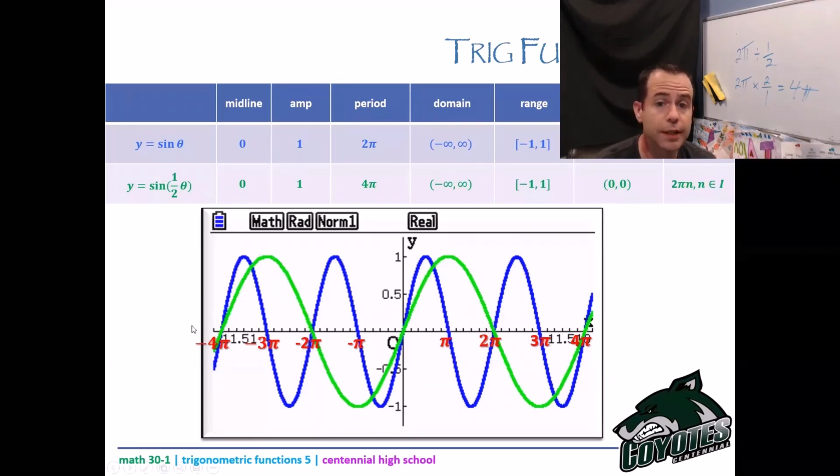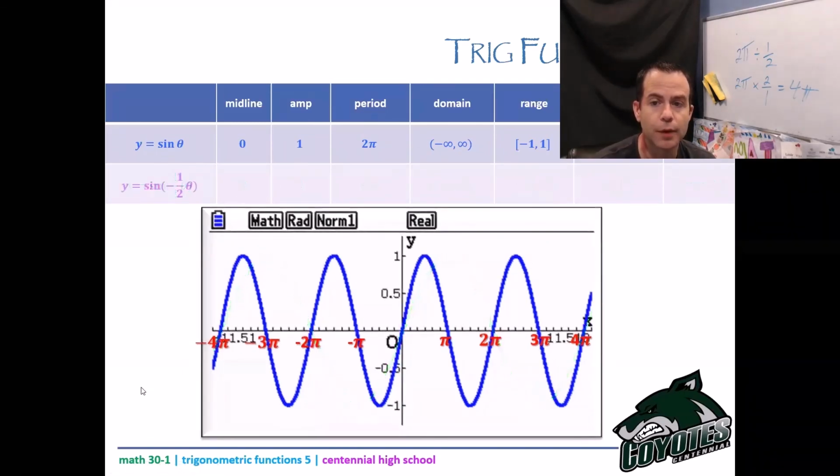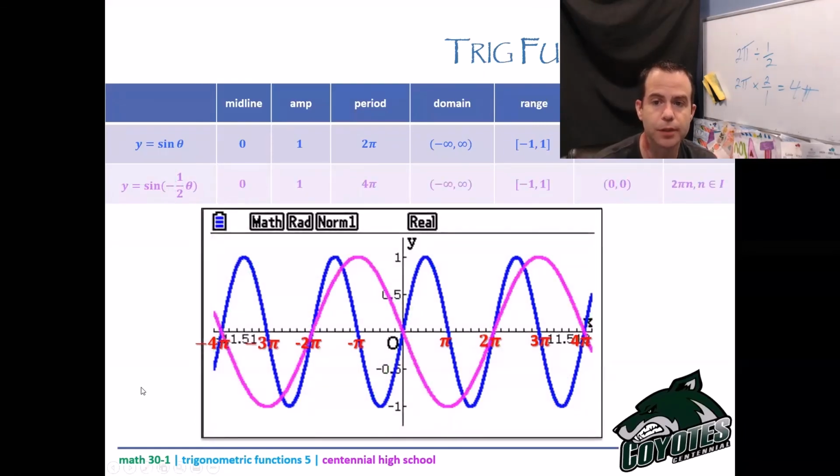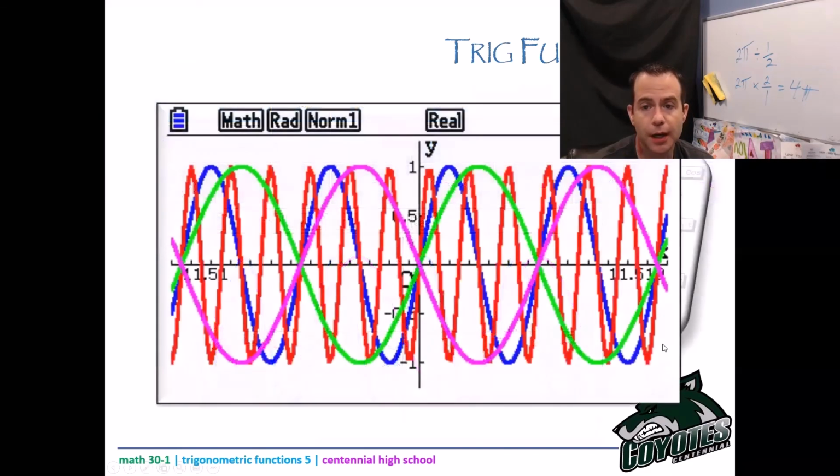So will it change any of these parameters? Actually, no, right? All of those parameters will remain the same when I do the horizontal reflection. So it'll look something like this. And then if you put all that together, you have this mess of a drawing on your paper that looks something like that.